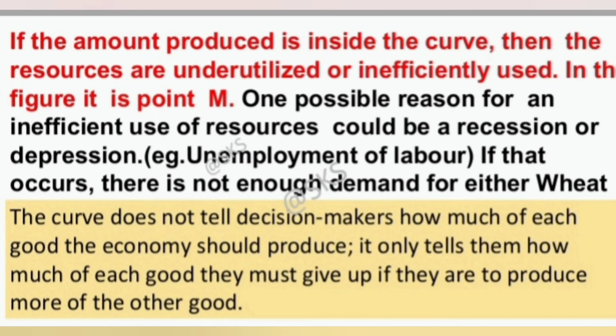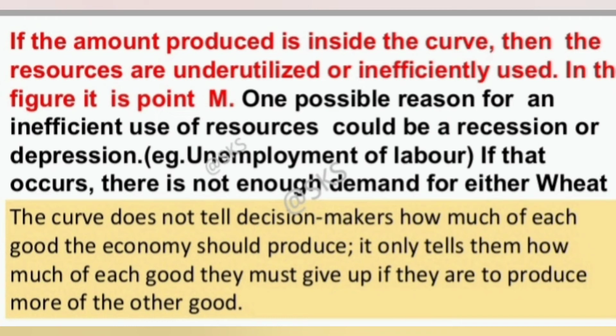If unemployment occurs, there is not enough demand for either wheat or rice or any of the two goods given. And the PPC does not tell decision makers how much of each good the economy should produce. It only tells them how much of each good they must give up, they must sacrifice, if they have to produce more of the other good.